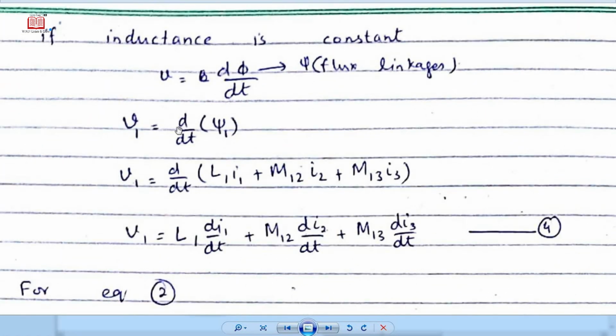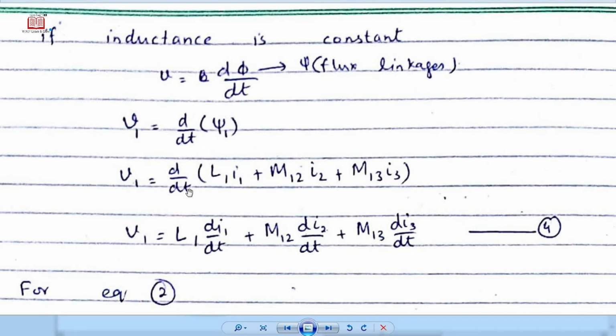So for the system of network 1, the derivative of the flux linkage 1 will be the voltage of that network. If we take the derivative of the flux linkage of system or network 1, the result will be the voltage of that network.